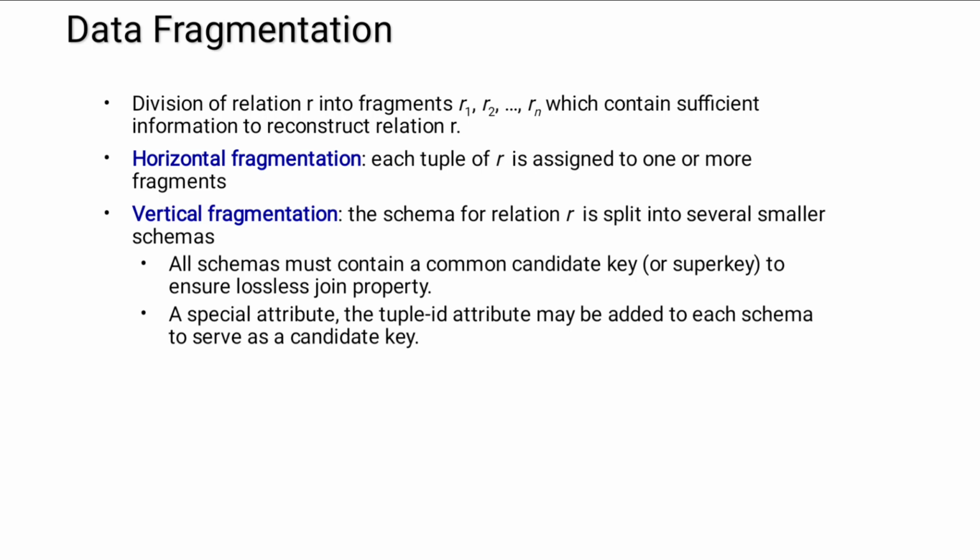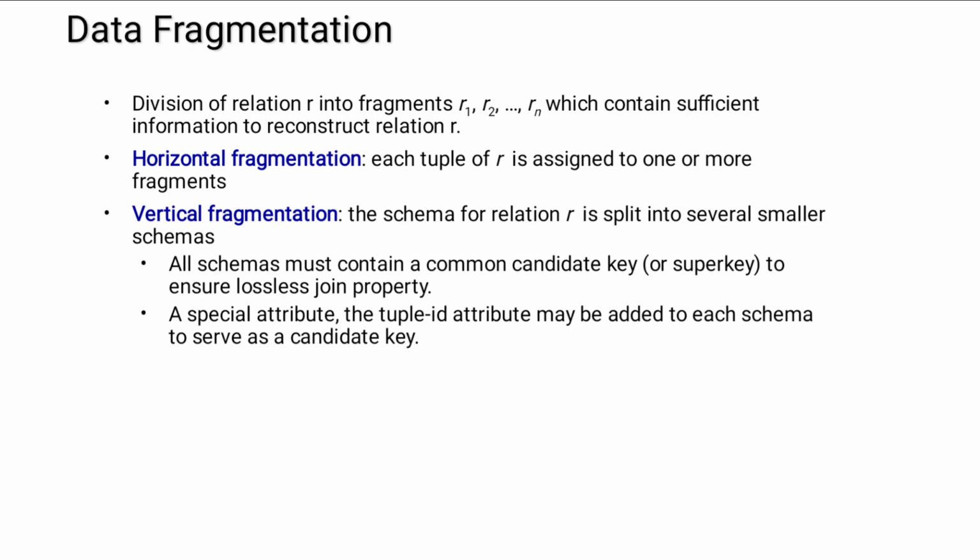Then data fragmentation. We are going to divide relation R into R1, R2 up to Rn that contain sufficient information to reconstruct relation R. This can be of two types: horizontal fragmentation and vertical fragmentation. In horizontal fragmentation, each tuple, that is one row, is assigned to one or more fragments.